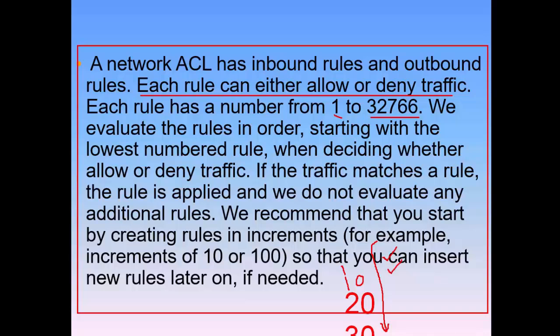Then it checks the port number as well as the IP address and other things, specifically port number, IP address, source IP, destination IP. So it starts evaluating from top to bottom.